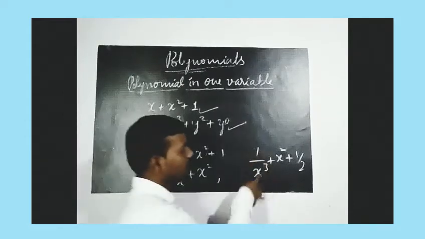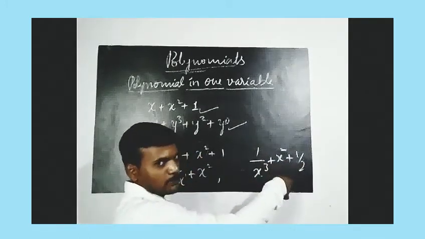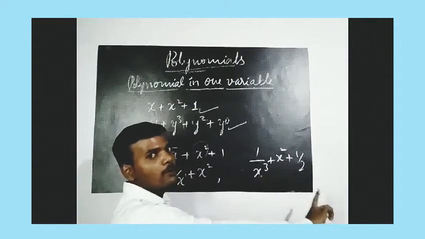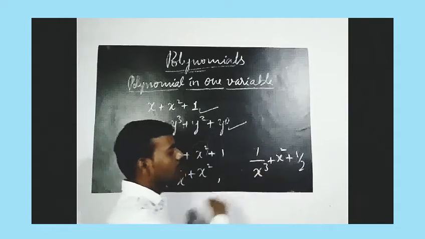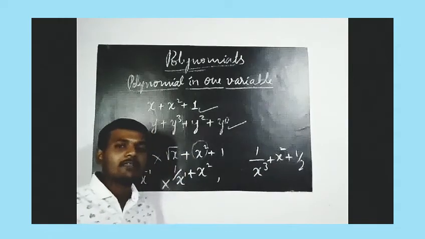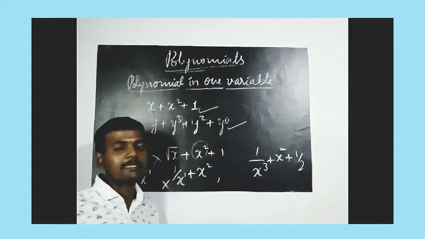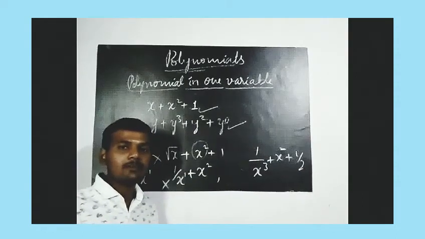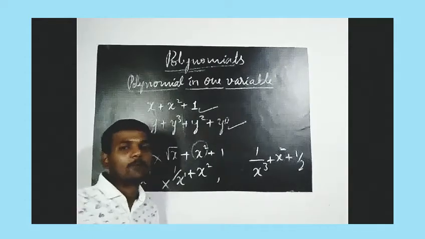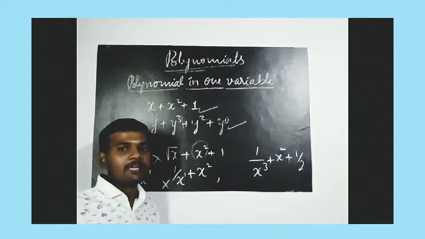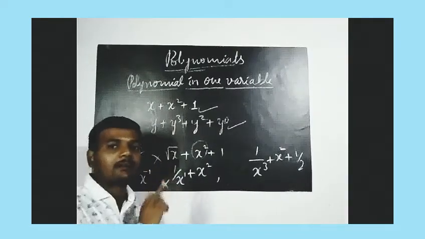And here 1 by x to the power 3 plus x square plus half is an algebraic expression, but it is not a polynomial because one of the terms has a negative exponent. Remember the points: if the terms have rational exponents, in the form p by q, they are not polynomials.